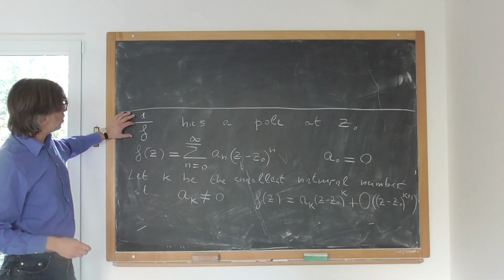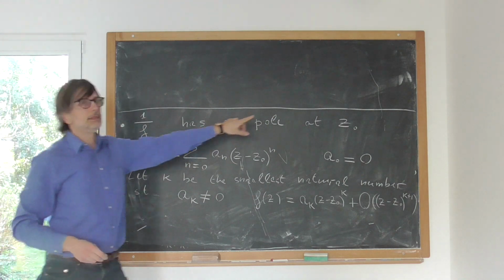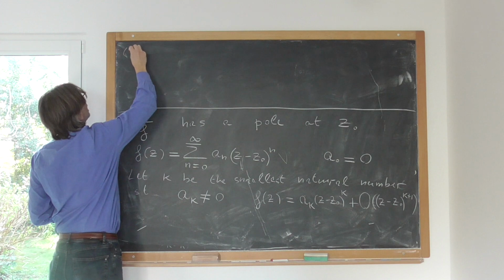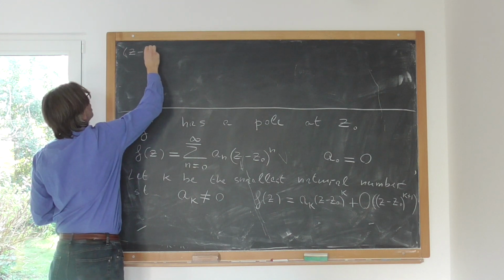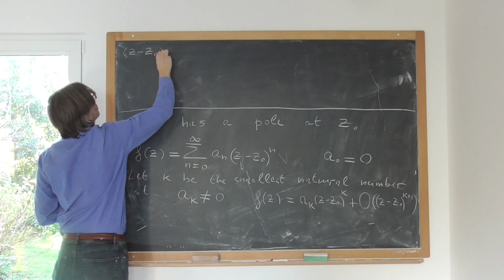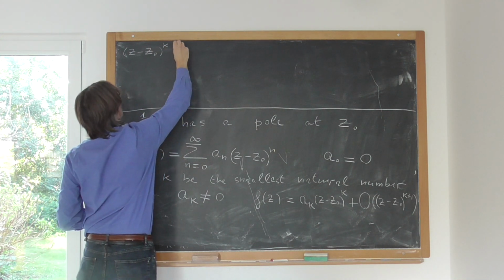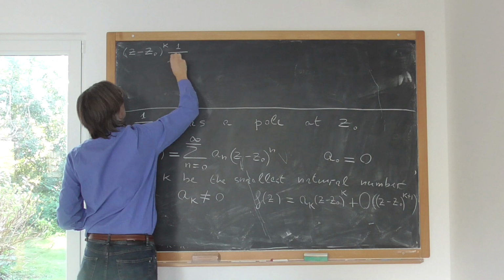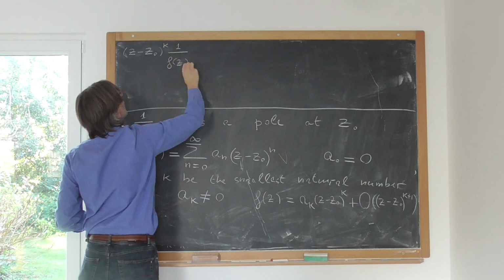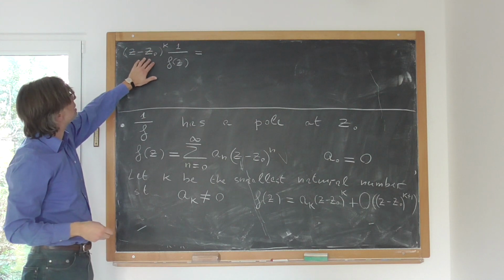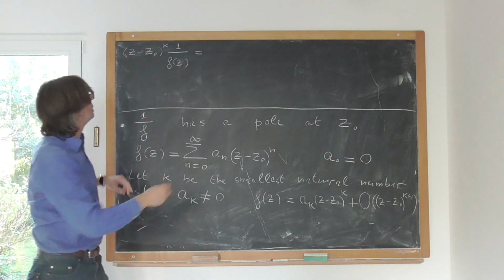So we wanted to show that 1 over f has a pole at z naught. And actually we show that if we multiply 1 over f by z minus z naught to the power k, so z minus z naught to the power k times 1 over f of z, we show that this function now has a removable singularity at z naught. So what is this?